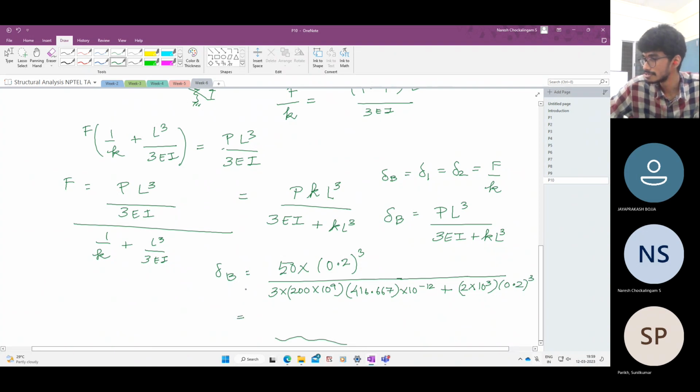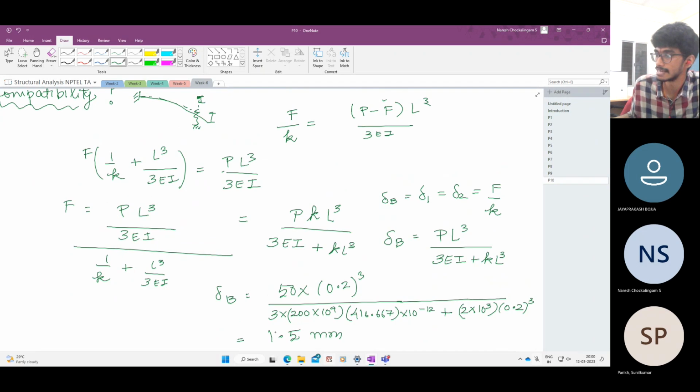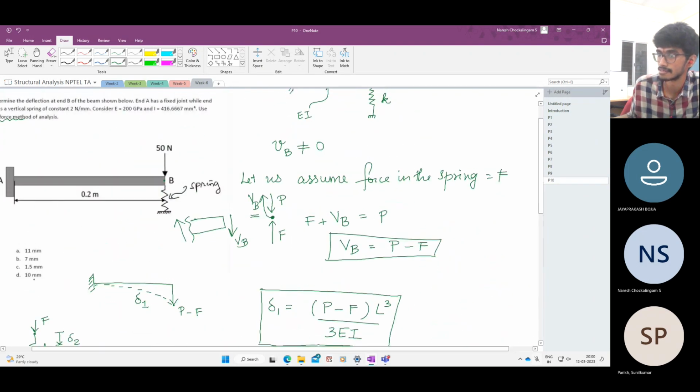So if you evaluate this, what you get will be 1.5 mm. So the correct answer in this case is C, 1.5.